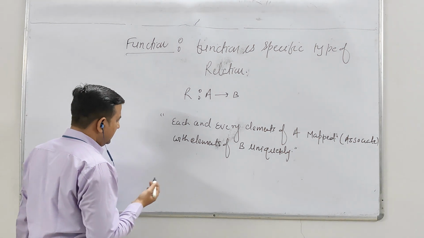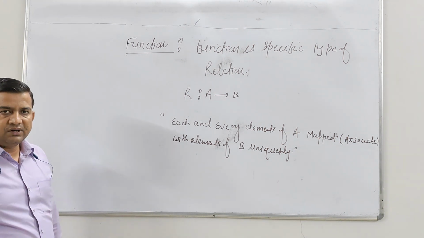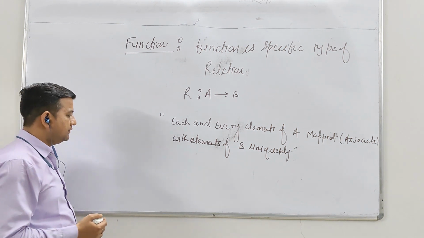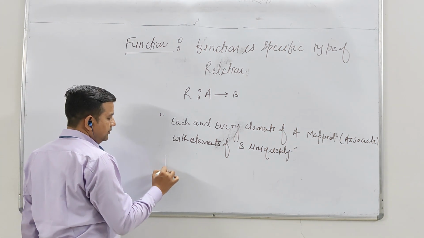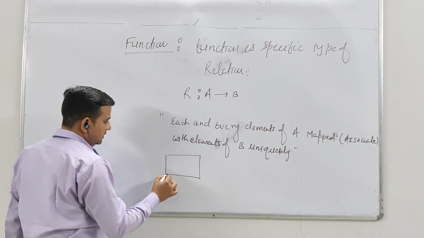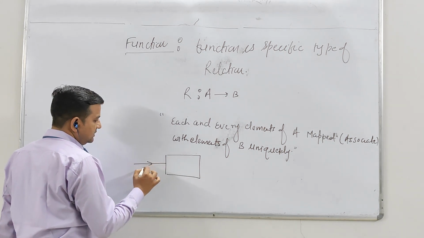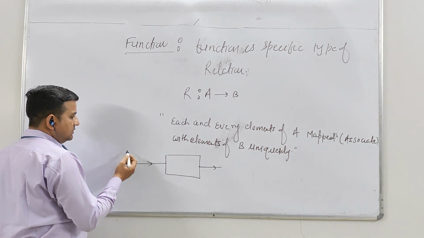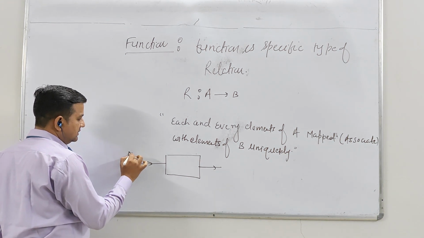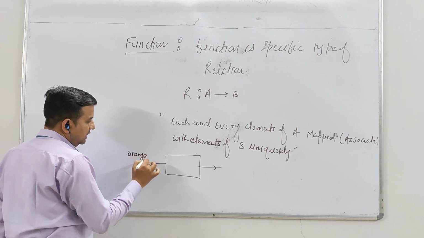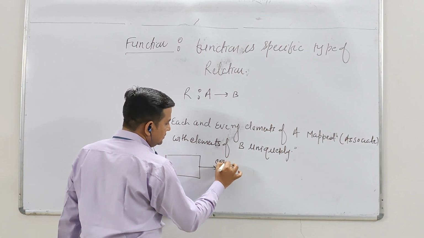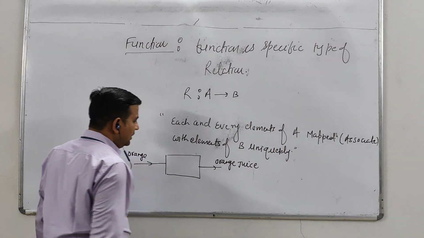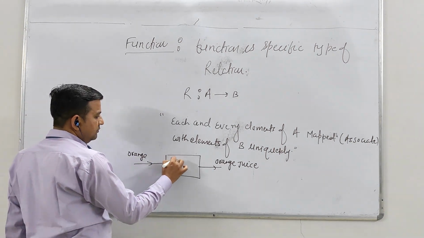Here are many examples of functions which are present in our surroundings. For example, suppose we consider a juice machine. If we apply an orange, it will generate orange juice. So it is a machine.